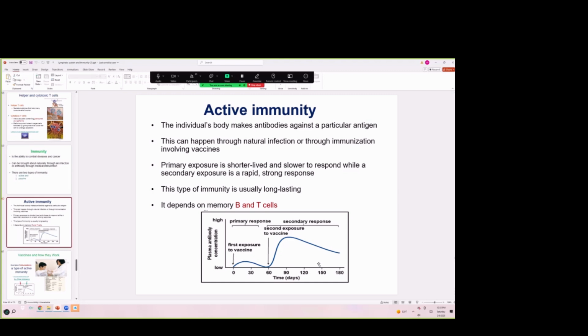The purpose of vaccination is to expose you to the antigens of a particular pathogen, so that you can create more memory B and T cells.